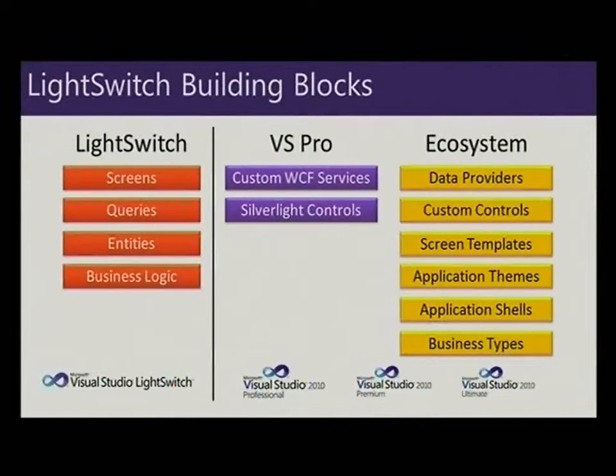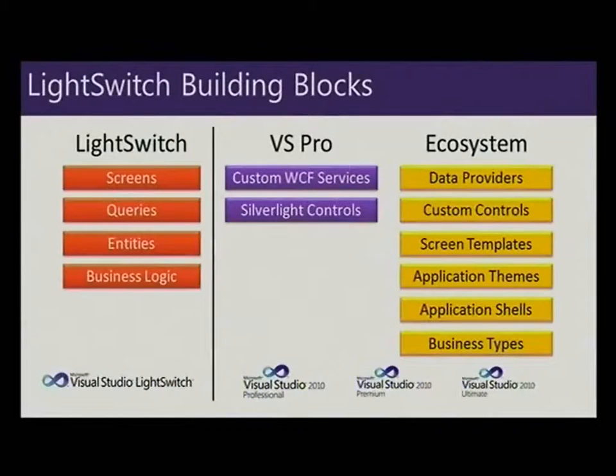And of course, the business types, I think this is, in fact, in some ways, the most complicated and most powerful of the LightSwitch extension points. The business types are the things that are really going to shine, particularly, I think, in corporate IT, where you can take an internal business rule, might be the way purchase orders are done, or maybe if you're in your bookstore, how do ISBNs get validated, or whatever it happens to be, and encapsulate that in what they call a business type.